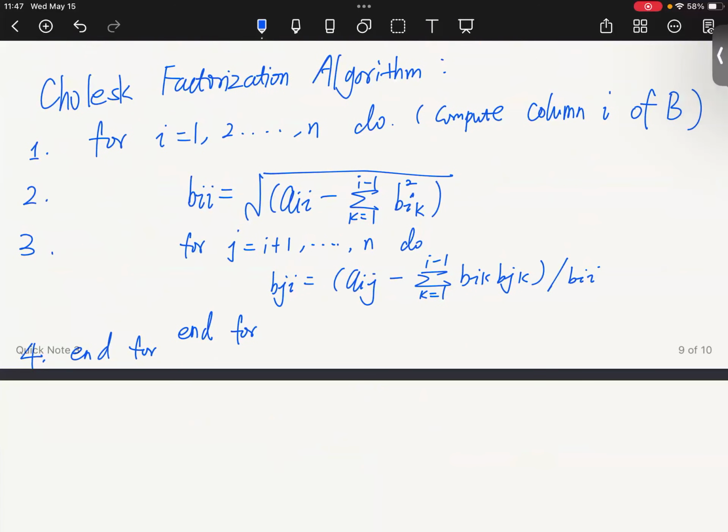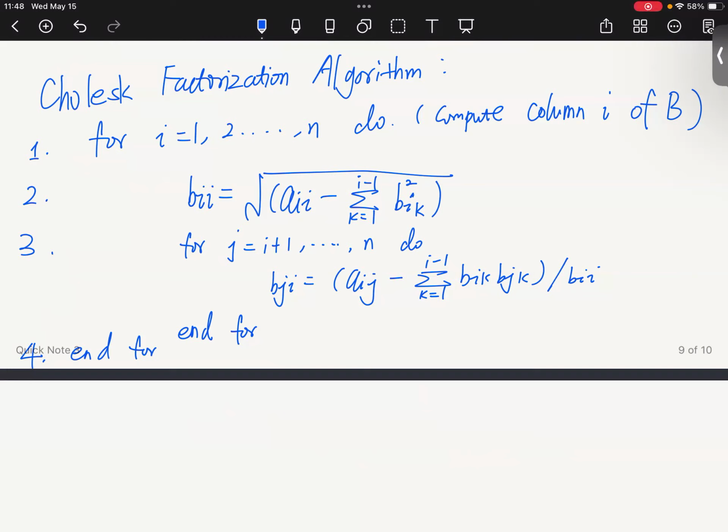So I have written down all this algorithm here, and you can also count the number of operations we need. So for this algorithm, how many multiplications do we need?